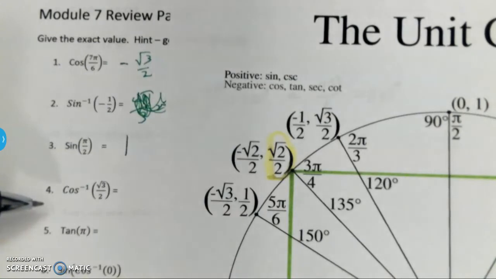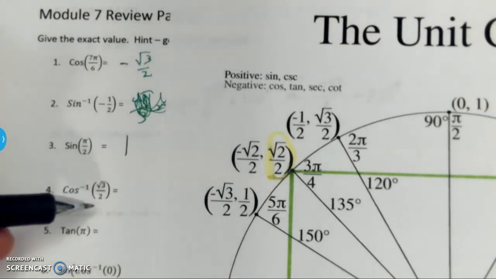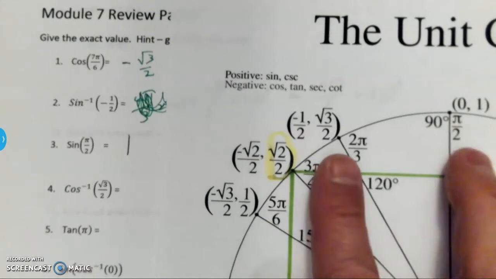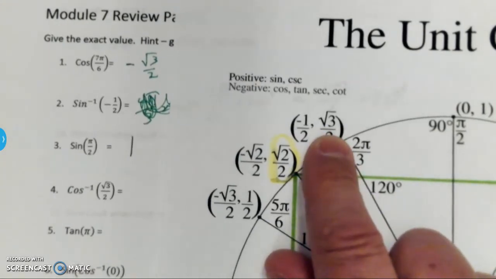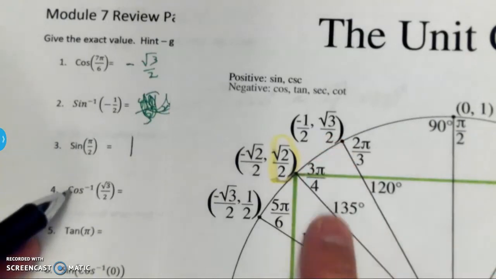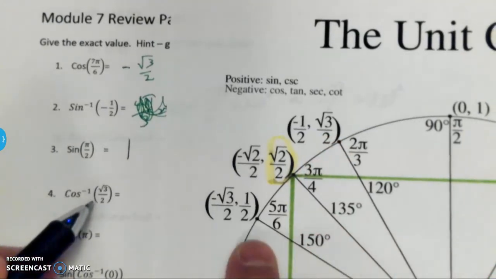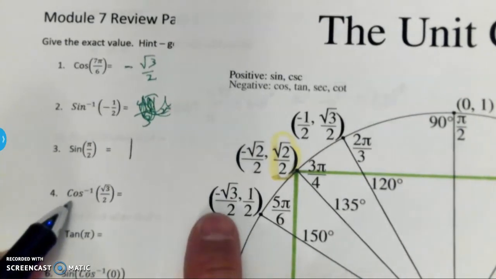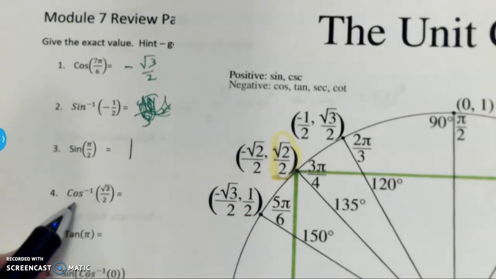Now, number 4, the inverse cosine of radical 3 over 2. Cosine being x, this is the x coordinate. We want the angle that shows up there, and it's a positive. I need an x coordinate that's radical 3 over 2. Cosine is x.